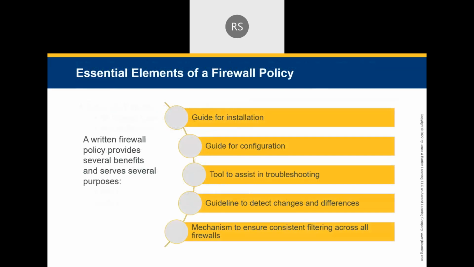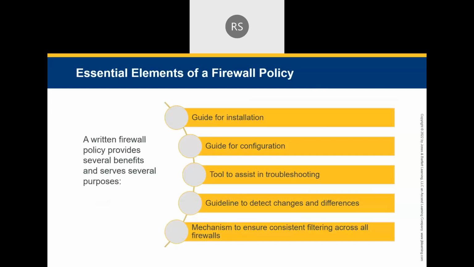You also want a guide to detect changes and differences. This supports change management processes. And what it does, it clearly defines what changes are permissible and that any alterations are documented and approved. Then you also want a mechanism to ensure consistent filtering across all the firewalls.